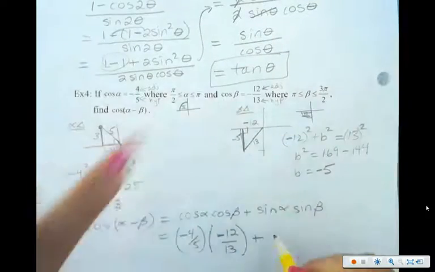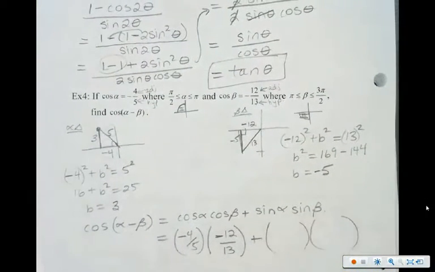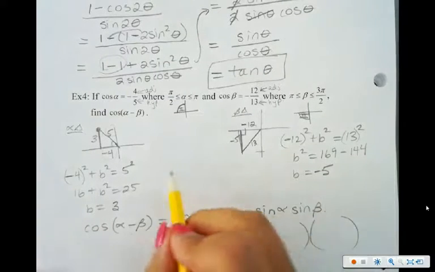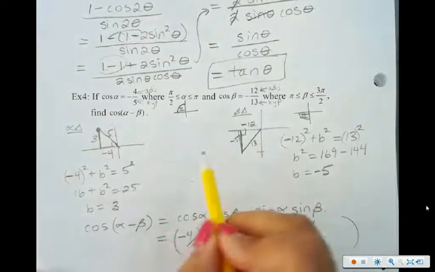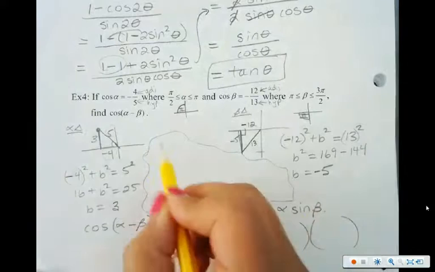But then all of a sudden, there's this sine alpha and sine beta. Well, I don't have that anywhere on my paper, so what do I do? I use the y over r, and what does that tell me? So sine alpha, let's use the space in the middle.